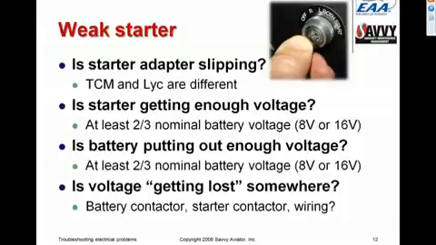But again, if there's a problem with starting, the general procedure is first to see if it's a mechanical problem, whether the starter motor is turning, but it's not turning the engine because the mechanical interface between the starter and the crankshaft is slipping or not engaging. And as we talked about, TCM and Lycomings use a very different arrangement.